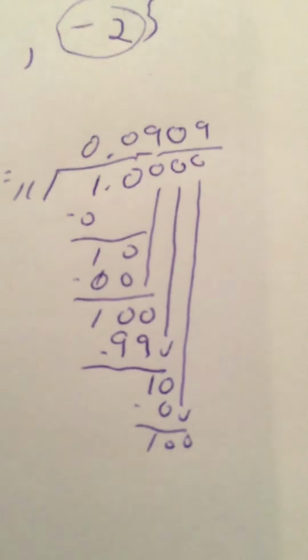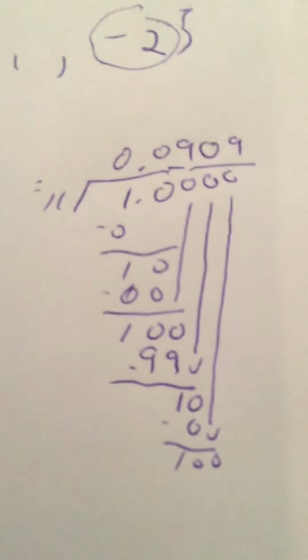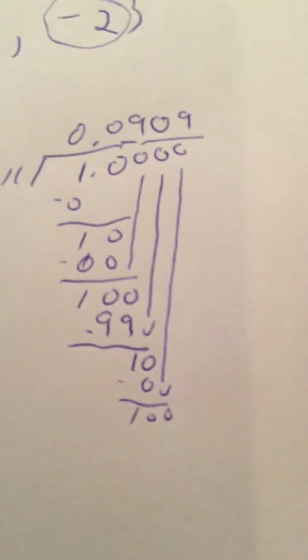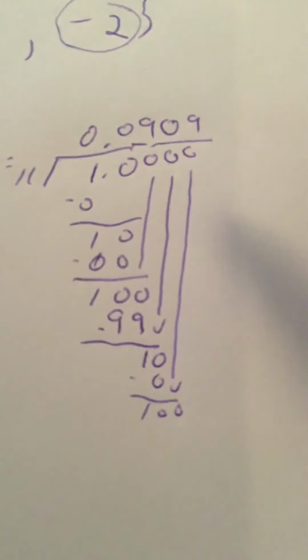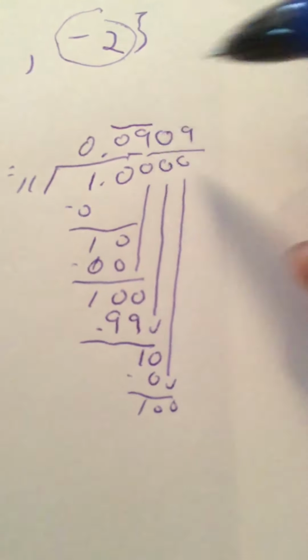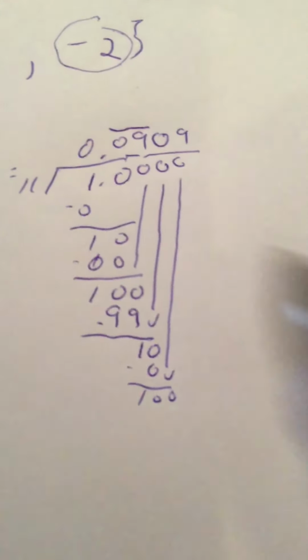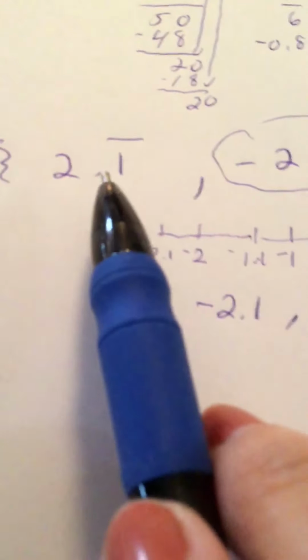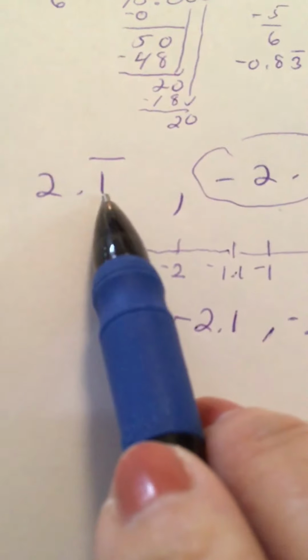Okay, but here's the kicker. I didn't have to keep on going forever. My bar notation was going to be the 09 as repeating. But here's the thing. I have two numbers here after this decimal. Automatically, I already have one number after the decimal, and this one is saying 1 1 1 1 1 all over the place.